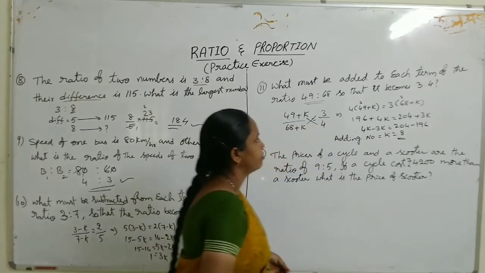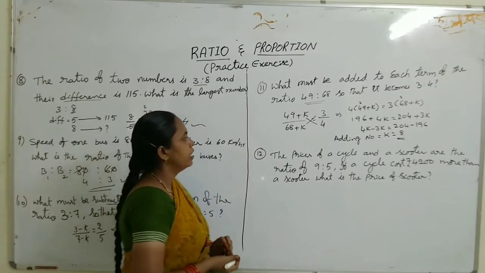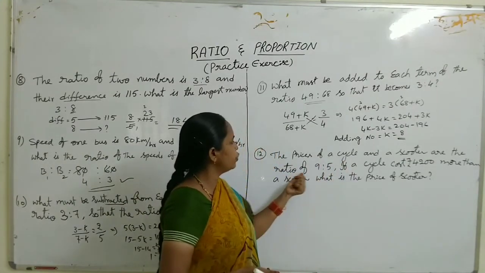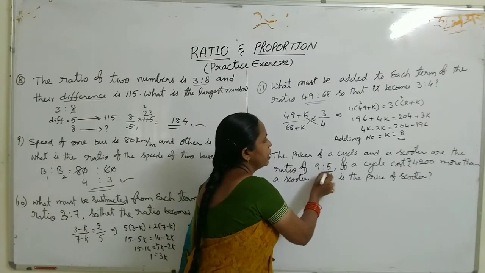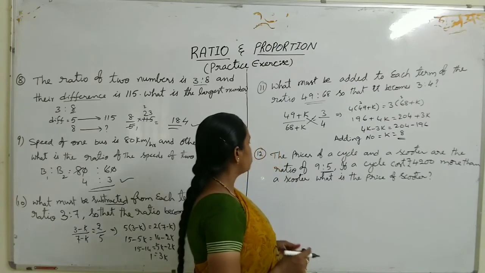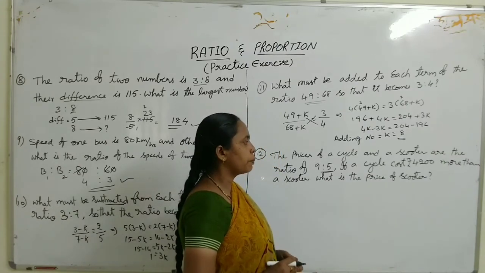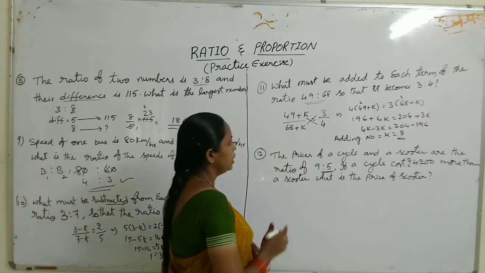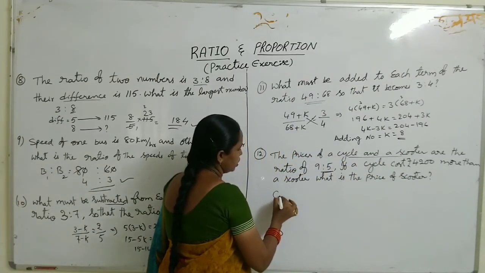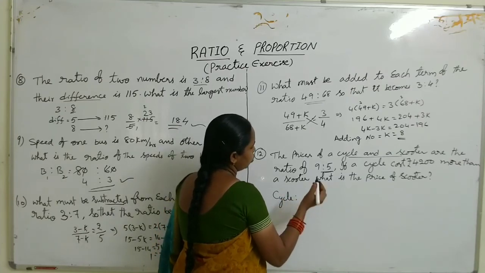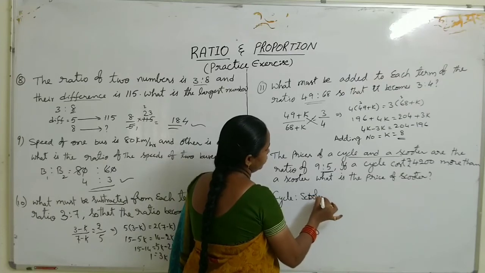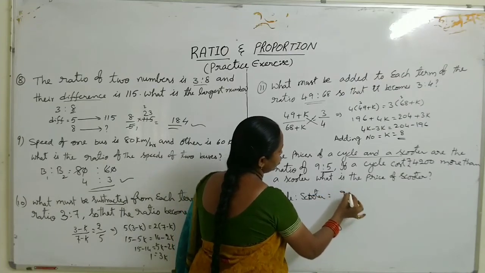8. Next, last question. The prices of a cycle and a scooter are in the ratio 9:5. If a cycle costs 4,200 rupees more than a scooter, what is the price of the scooter? So here the ratio between cycle cost and scooter cost, cycle cost is to scooter cost equals 9:5.